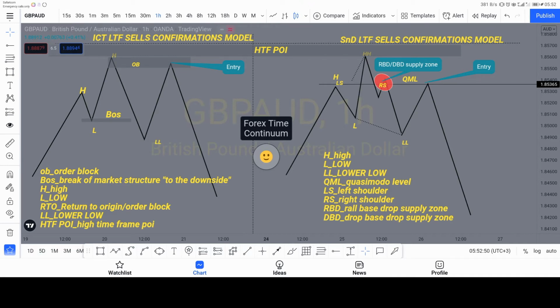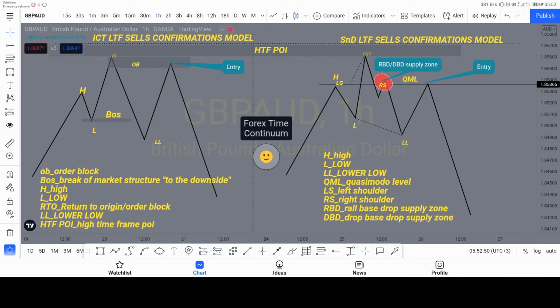Then that supply zone breaks the structure to the downside, because it pushes the price beyond the previous low to make the lower low. Those are the features of the S&D. You have to have those features. Actually, it's three features.